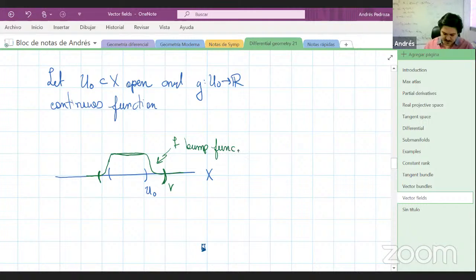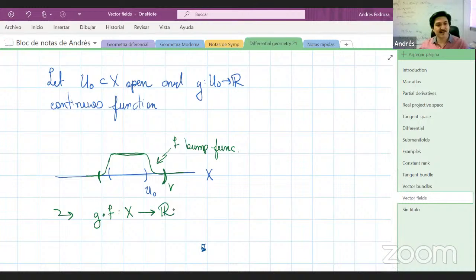So the whole idea is to take into account this new function, G times F. So first, that's a global function. It must be continuous, and it also agrees with G.